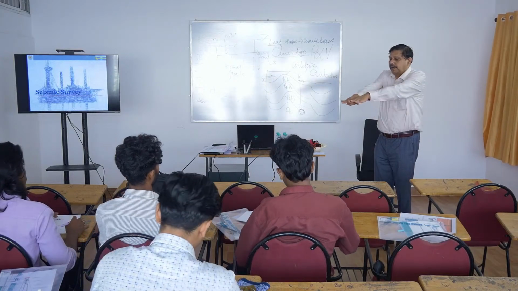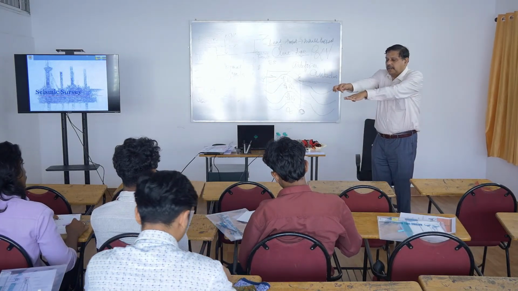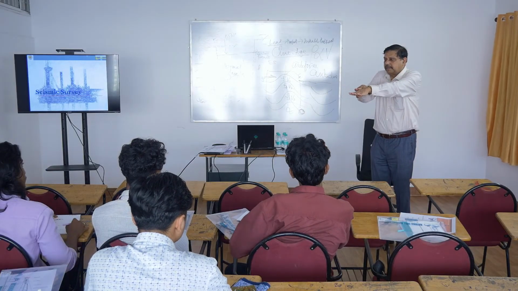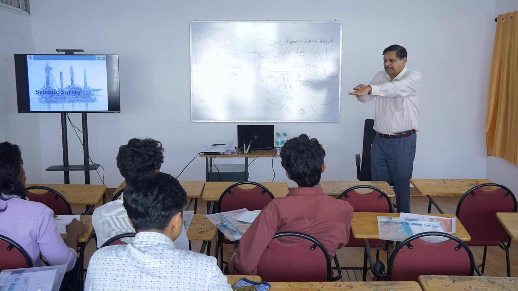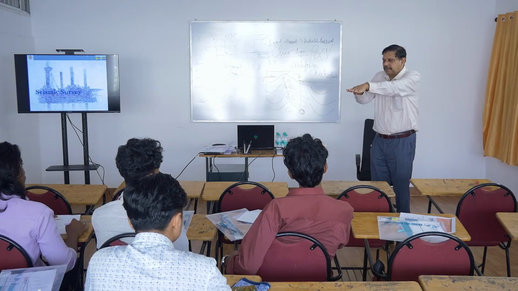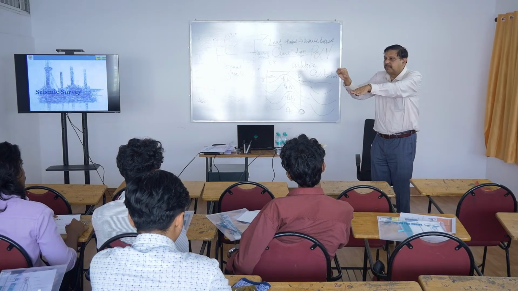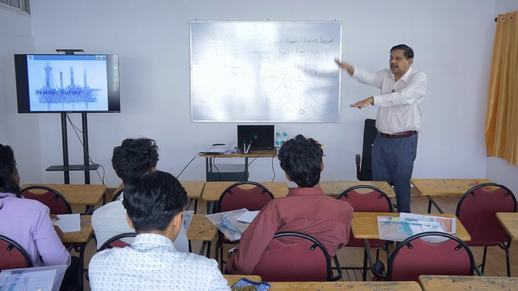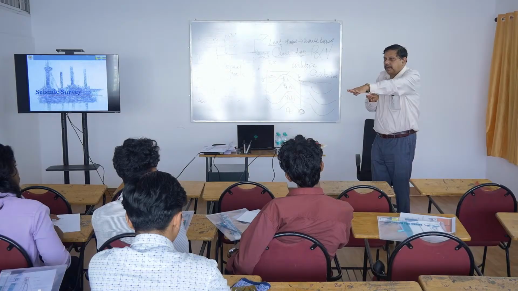Done? Now it can be that there was a pressure from here and it slipped like this. It's called strike slip fault. There is a slippage. It has not gone down, it has not gone up, it got slipped.